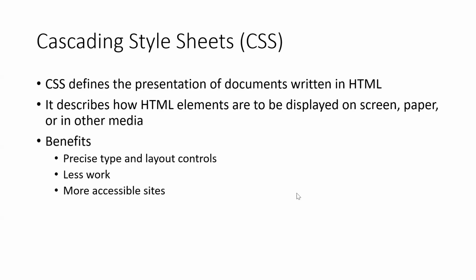So in simple words, we can say that we can use CSS to explain how these different HTML elements should be displayed on the screen, paper or in other media. Now, there are a lot of benefits of using style sheets, especially with the type and the layout controls. So you can do anything that you want.